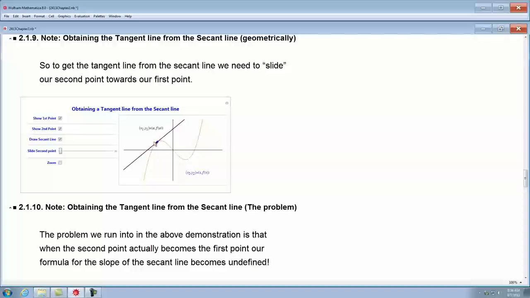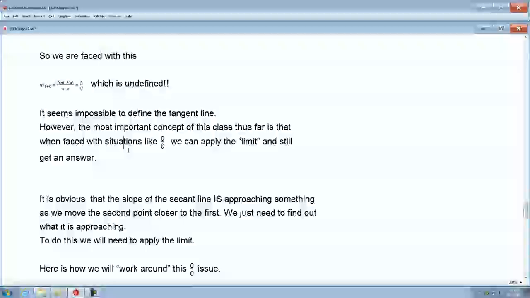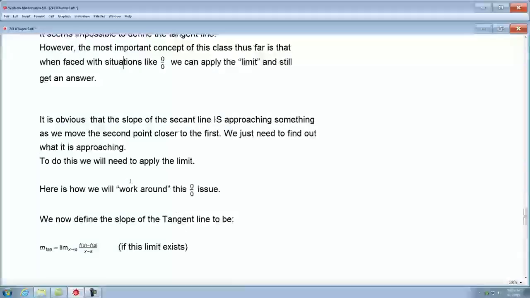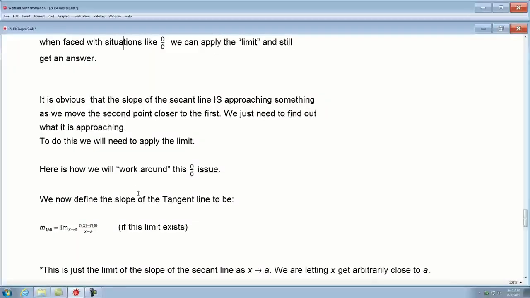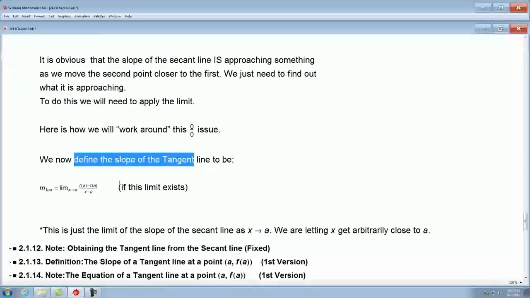It's obviously not sloped this way. So there's something it's headed towards. I just need to find it. So the limit is going to allow us to be able to figure this out. Our workaround for this is going to be to take a limit. So what we will do now is we will define the slope of the tangent line, okay, the tangent line, not the secant line, to be the limit as x approaches a of this.